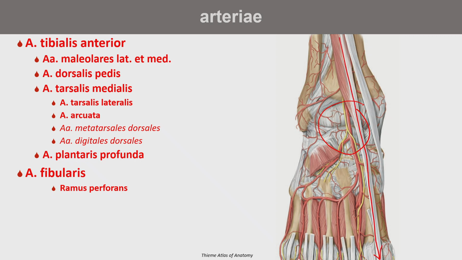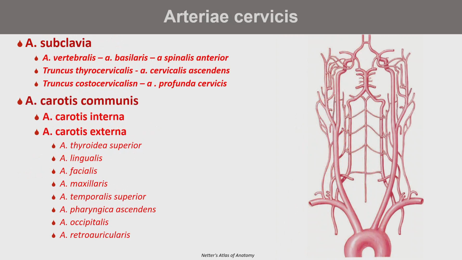The extensor hallucis longus tendon is palpable, and laterally from it, because somewhere here you can touch the talonavicular joint, there is a site where you can touch superficially the pulse of this artery. So that was the lower extremity.